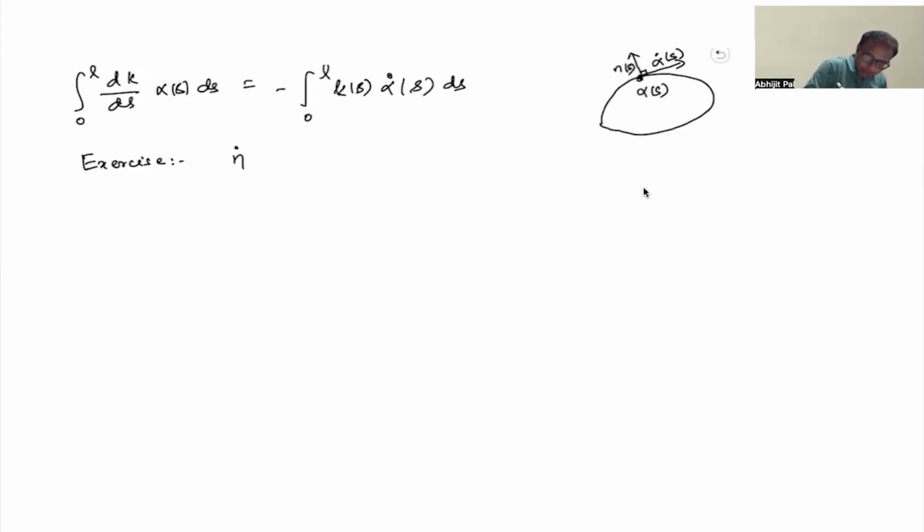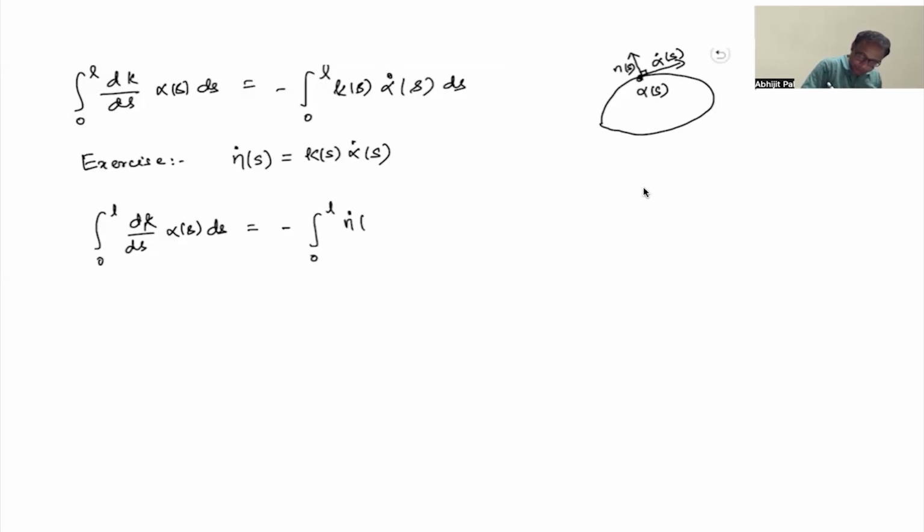The exercise is the following. If I take the derivative of the normal vector, it will be equal to k(s) times alpha dot(s). Once you prove this exercise, this integral will be equal to minus the integral from 0 to L of the derivative of this normal vector.